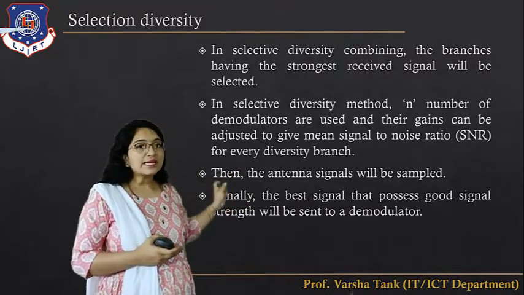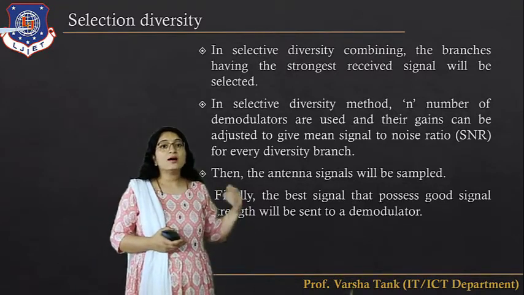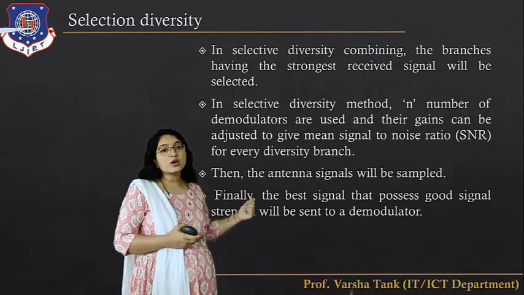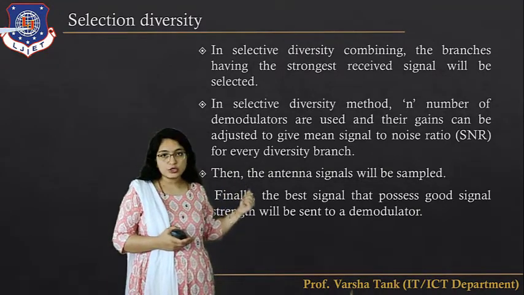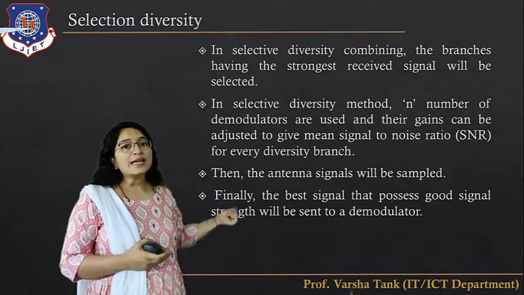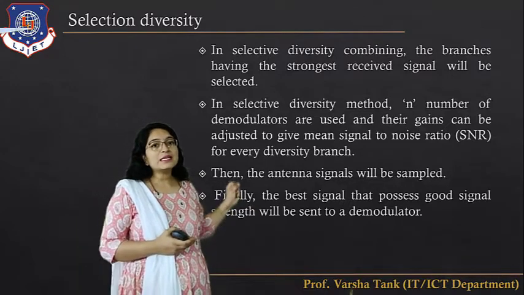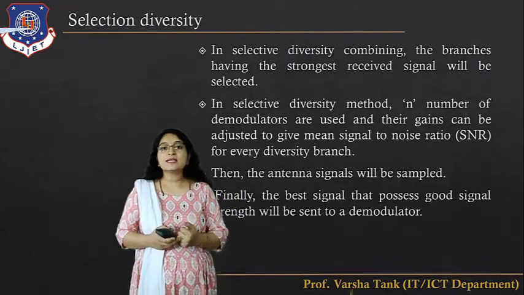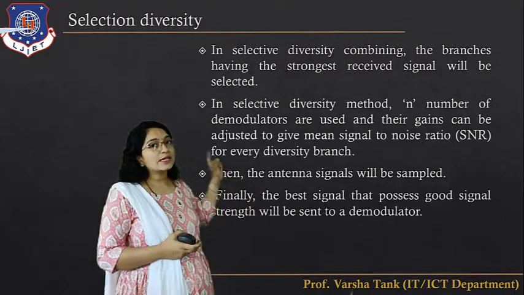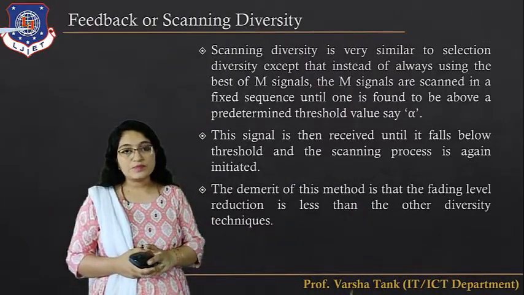In this method n demodulators are used and their gains can be adjusted to give the mean signal to noise ratio, that is SNR, for every diversity branch. The antenna signals will be sampled, and finally the signal that has good signal strength will be sent to the demodulator. It is known as selection diversity because we are selecting the strongest signal.